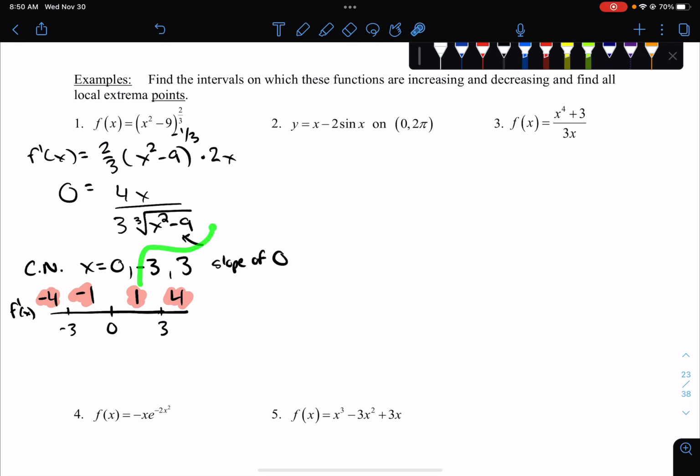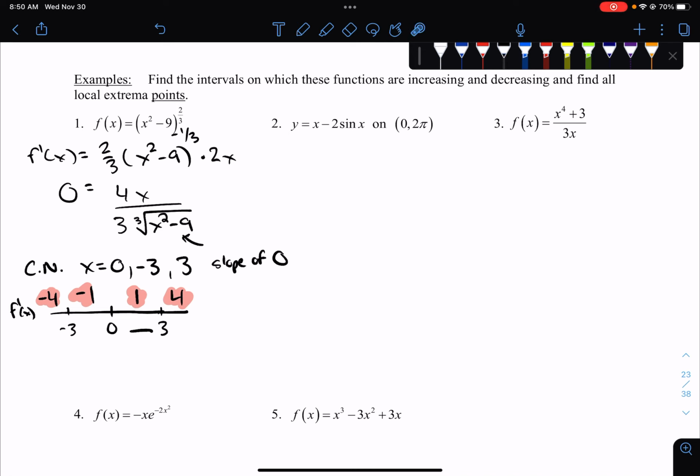So when I plug these numbers in, let's start with an easy one. I'm plugging these into my derivative, this function right here. If I plug in a +1, I end up with a positive on top, and on the bottom I end up with a negative. So when I plug in a 1, I get a negative number. I don't care what the number is. I just care that it's negative, because that means my function is going down.